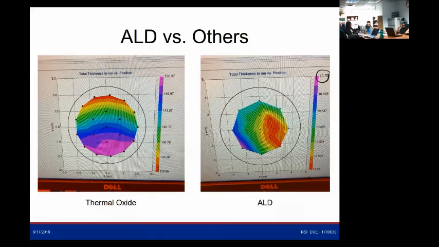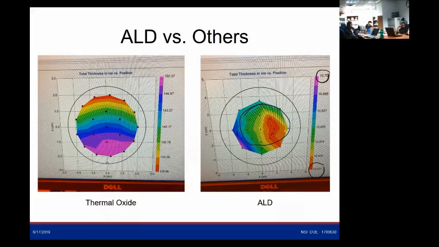We ended up with 10.7, and we took different measurements all around across the wafer. The smallest one was like 10.51. What does that make? That makes a difference of like 0.2 nanometers, right? That's very small. All right, 2 angstrom difference.